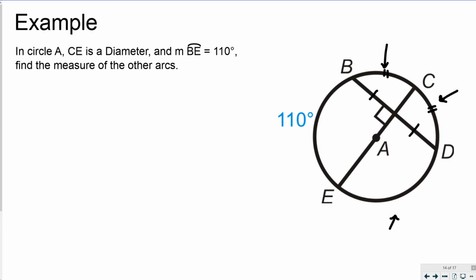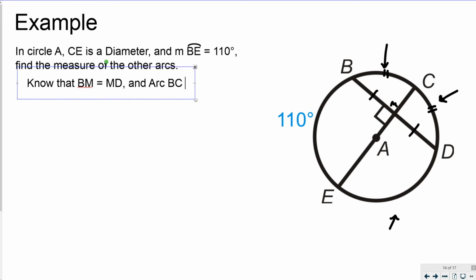So I'm going to write down things that I know. We need to put a letter in the middle, actually, to help out. So I'm going to put M here to mark the point in the middle. I know that BM is congruent to MD, and arc BC is equal to arc CD.